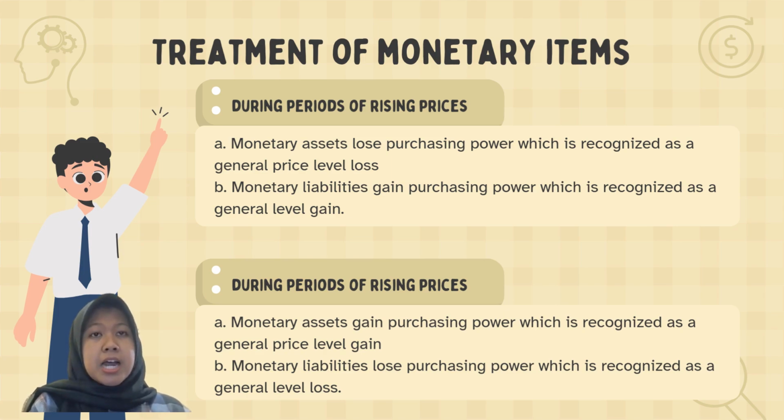Such gains and losses are called general price level gains or losses on monetary items.